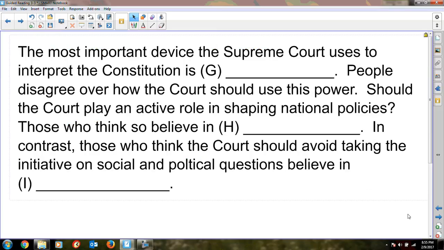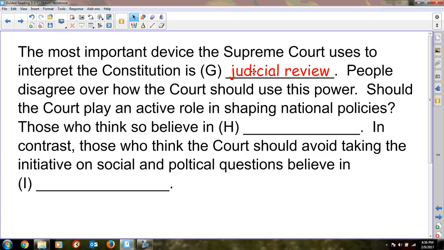Also, the Supreme Court and its ability to interpret the Constitution has really changed the way the government has worked. People from the very beginning of when the Supreme Court used this power have argued over how it should be. Should the courts just say yay or nay?